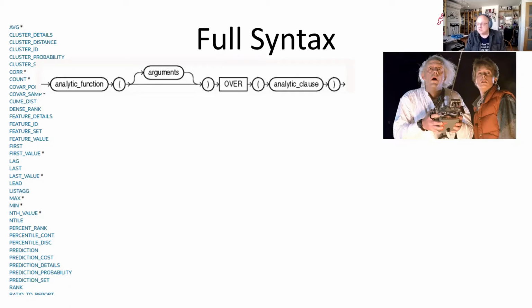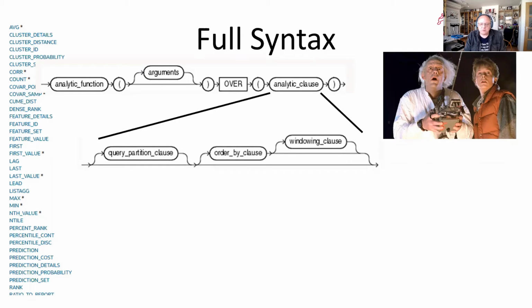If it isn't there, then it is not an analytic function. And then between brackets, there's the analytic clause. It looks mandatory, but as you can see when we drill down into it, it consists of 3 clauses that are all optional. However, again, some functions require an analytic clause.